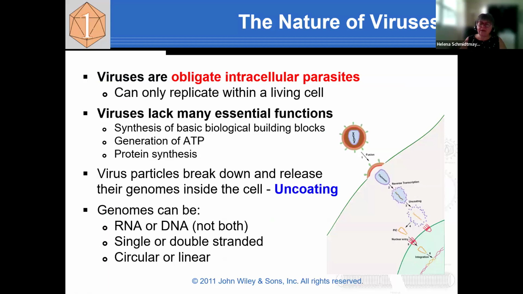Now, what we have to know about viruses is that they are obligatory intracellular parasites. What does it mean? If you see a viral virion outside of cells, it does not behave as a living thing. It cannot proliferate, it cannot replicate, it does not react to the environment, it cannot metabolize anything.